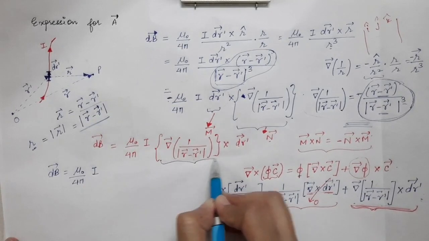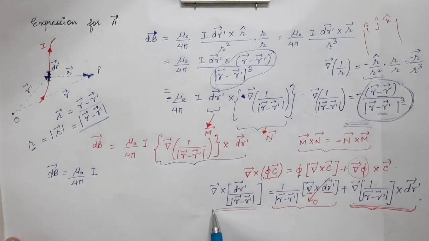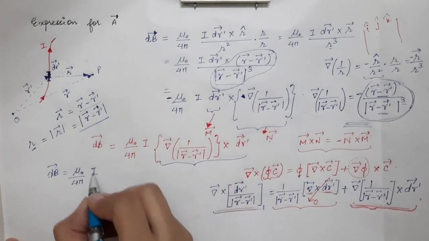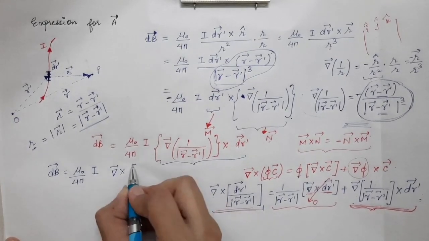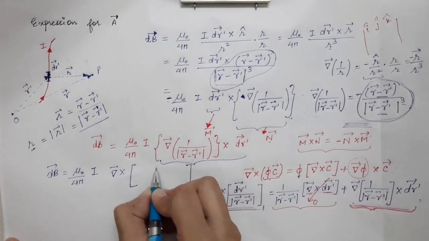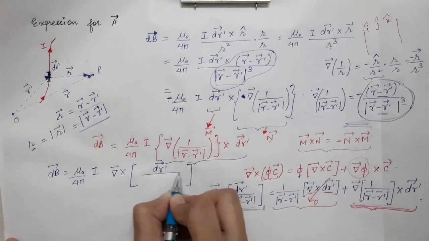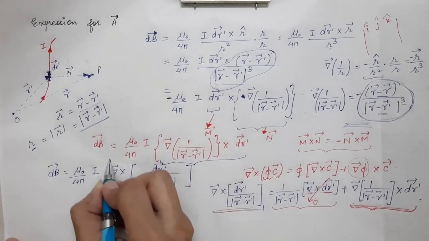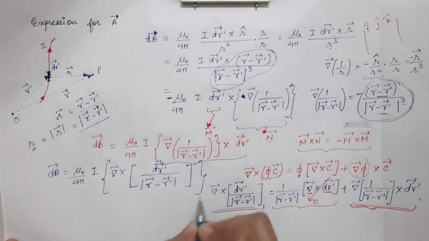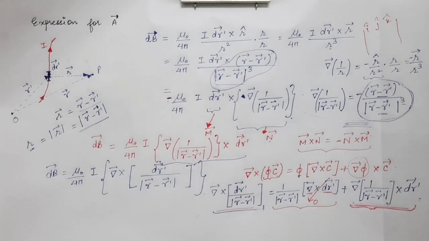Now this expression term can be written as this left hand side. So I can write it as curl of dr prime vector divided by magnitude of r vector minus r prime vector. So dB vector has come out to be equal to this.